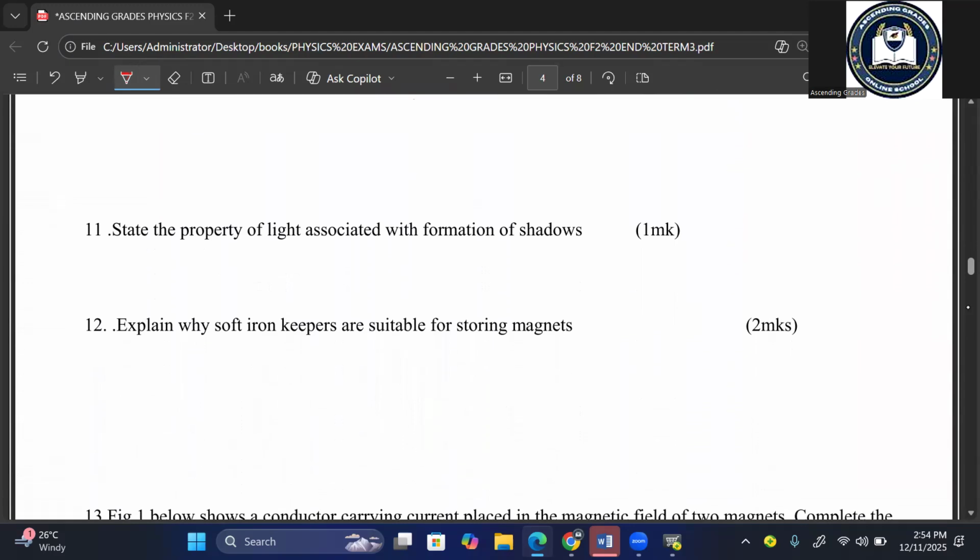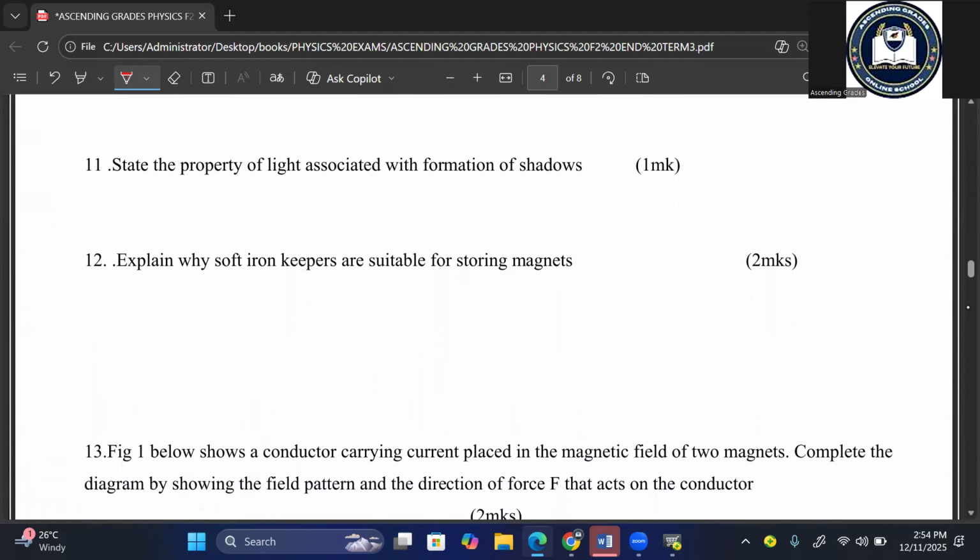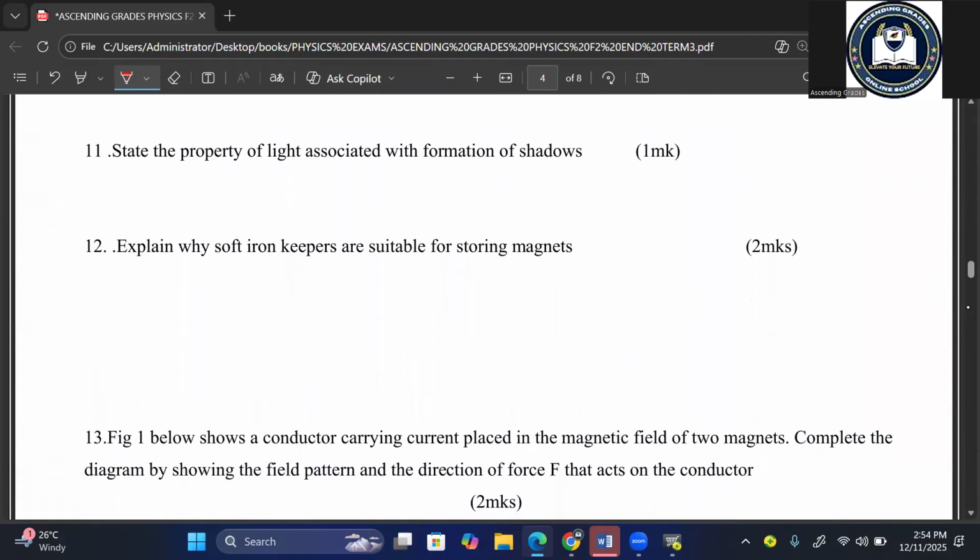State the property of light associated with formation of shadows. Shadows are formed when light paths or light rays are blocked by an object. And this shows that light travels in a straight line.